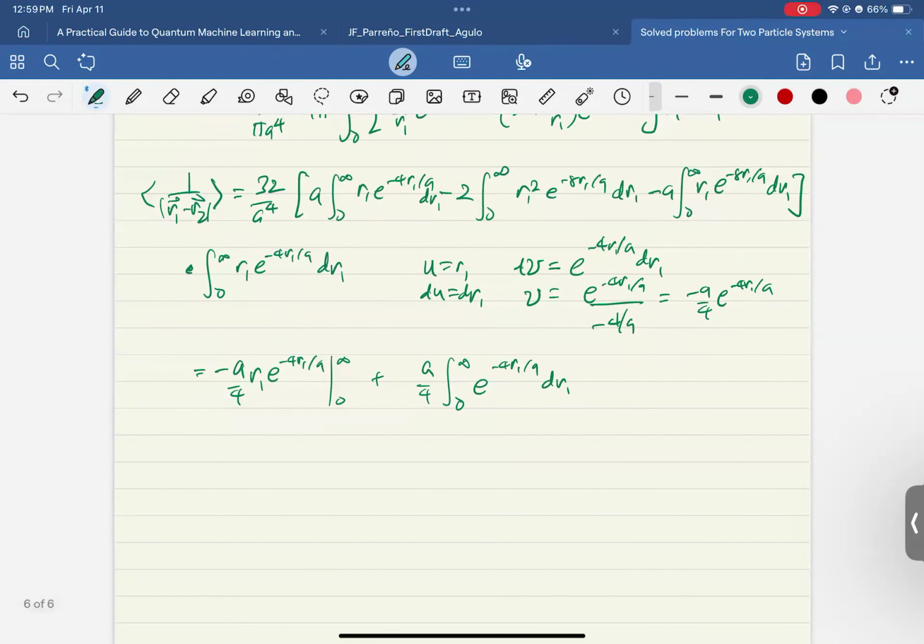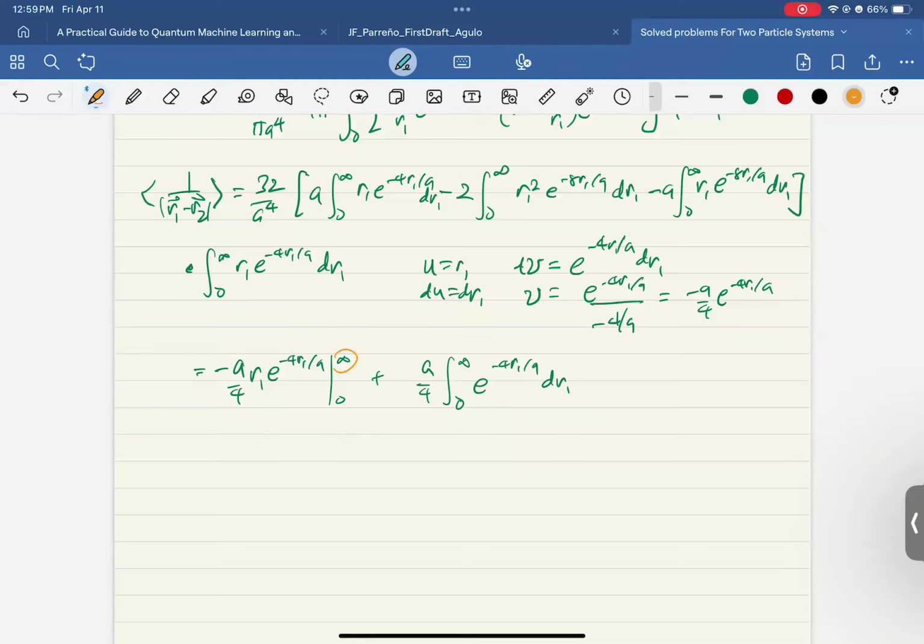Itong term na to gives us 0. Bakit? Kasi yung evaluation of the integral over infinity sa upper limit gives us 0, and evaluation sa lower limit gives us 0 dahil dito sa factor na yan. So equal to 0 plus a over 4, and then ito straightforward lang na integration.